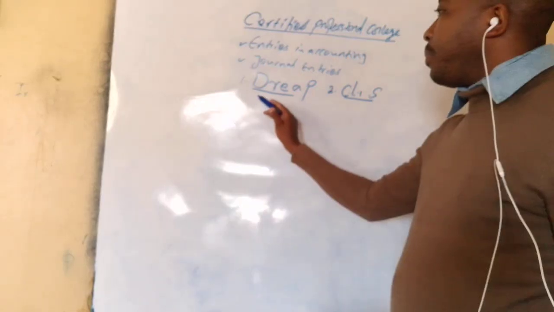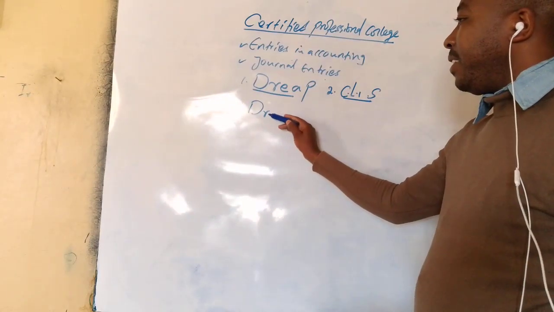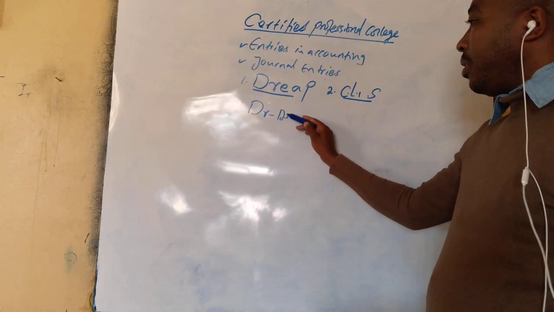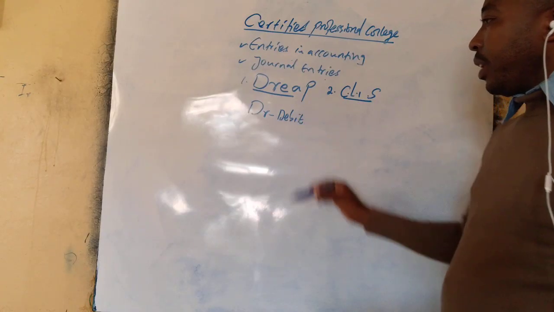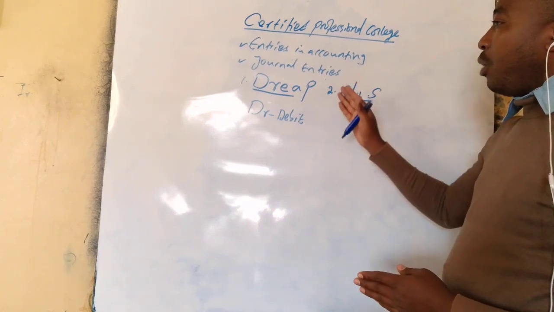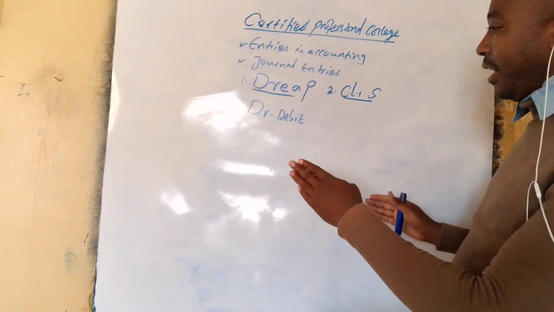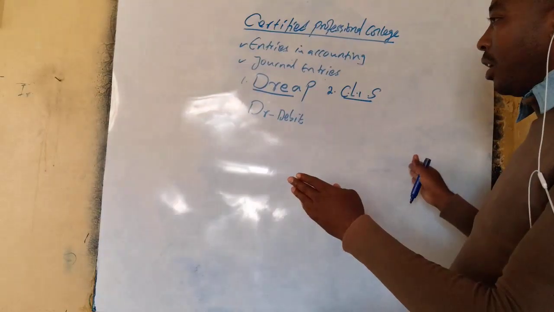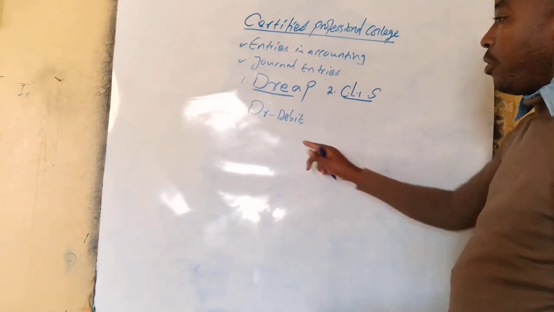When you talk of the DRIP, this is an acronym whereby DR stands for debit, and to debit is to record on the debit side. Remember, an account has two sides, the left side and the right side. So the left side is the one we call debit.